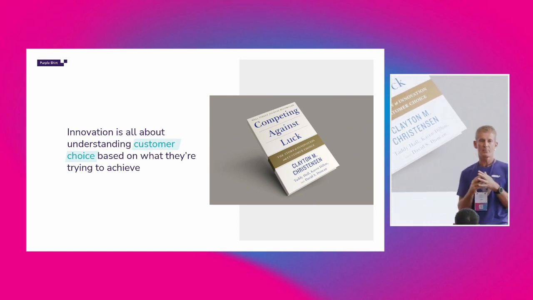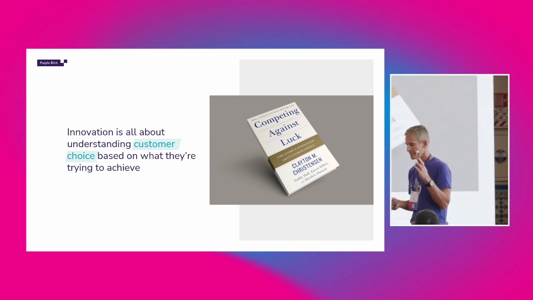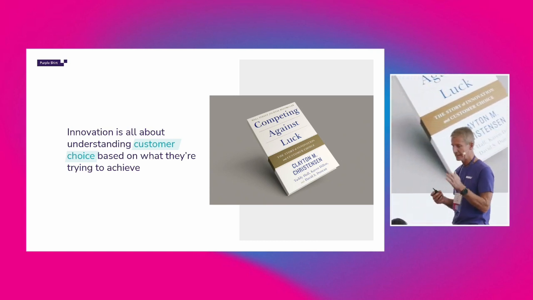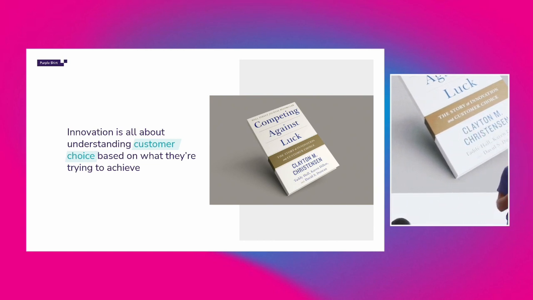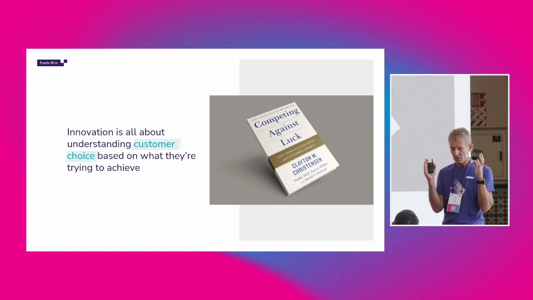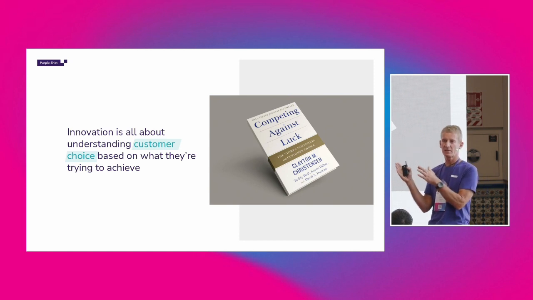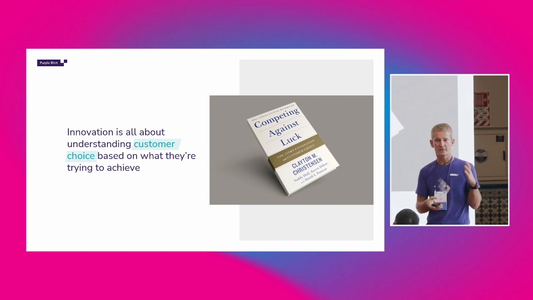What you want to really focus in on is what are they trying to achieve, either in their businesses or in their lives. And it's a completely different way of thinking. But his argument is that the focus of your innovation effort should be on solving something that customers are trying to achieve, rather than being worried about the customer themselves.